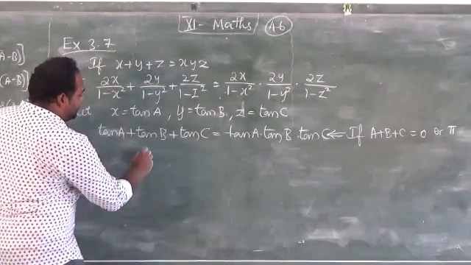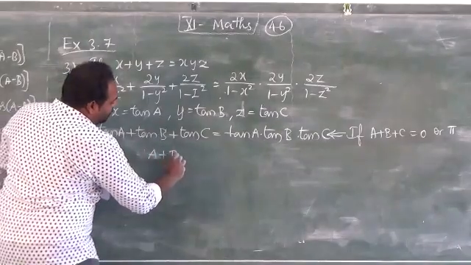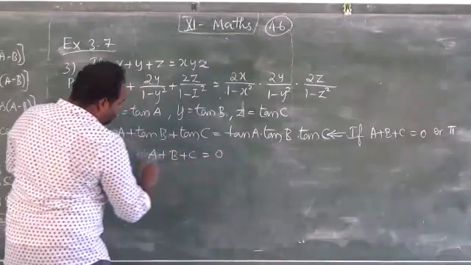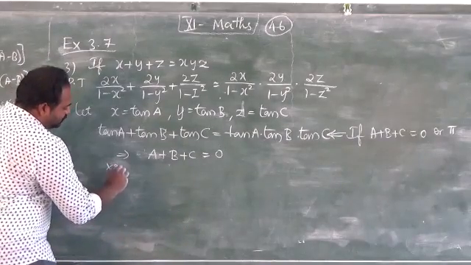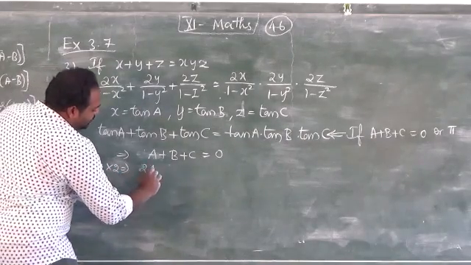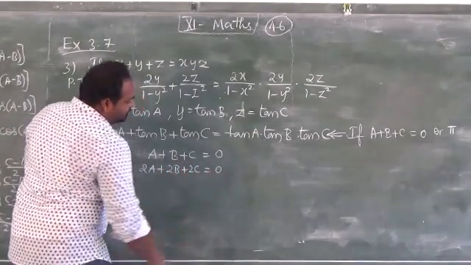Here I am going to take A plus B plus C equal to 0, and multiply throughout: 2A plus 2B plus 2C equal to 0.